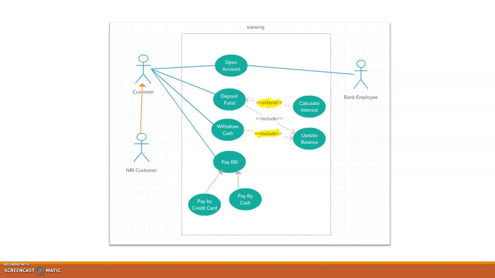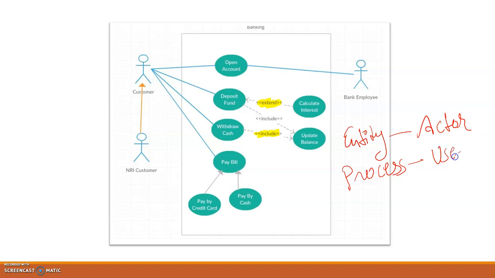Now let's discuss the new terminology of the use case. If you remember, in the DFD we have entity, right? While here in the use case diagram, we have actor. In the DFD we had process. Here we call it use case.